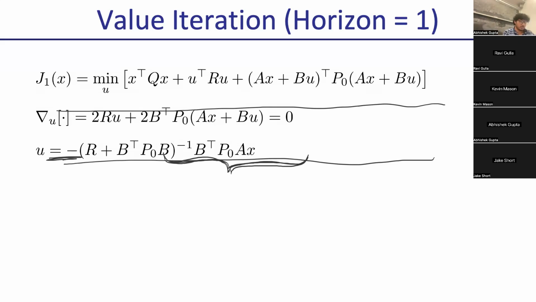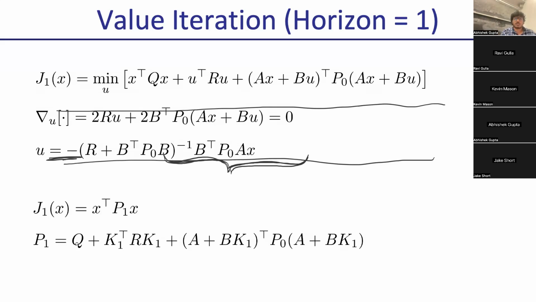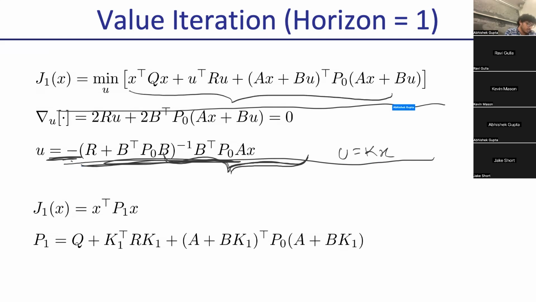Now we're going to compute two different things. The first one is we said U is equal to KX, so we've agreed that U is equal to KX, where K is equal to this thingy. And then if you plug U back into this equation over here, I'm going to skip the exact derivation for the sake of time, but you can show that the cost is quadratic with the quadratic coefficient as this thing.